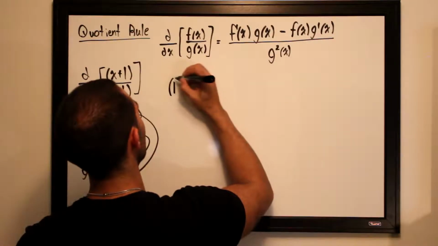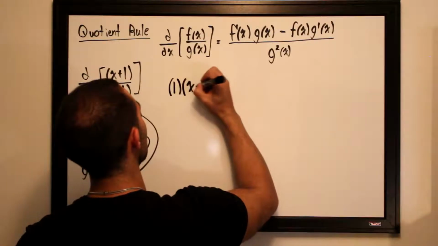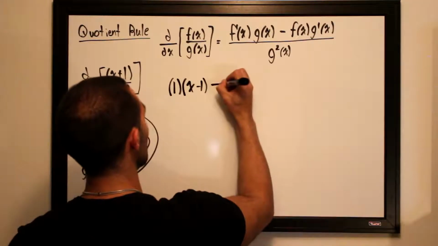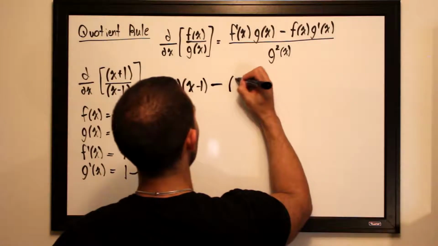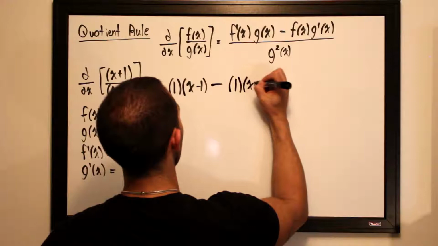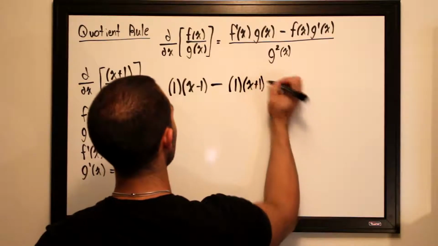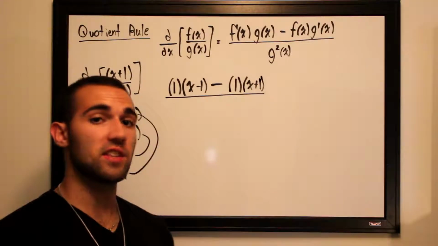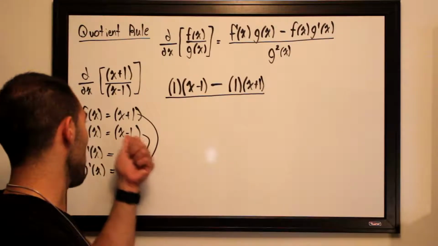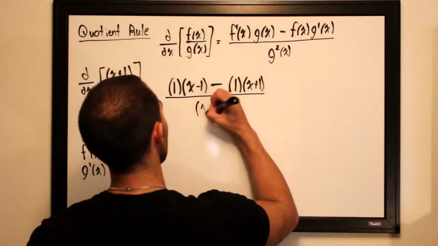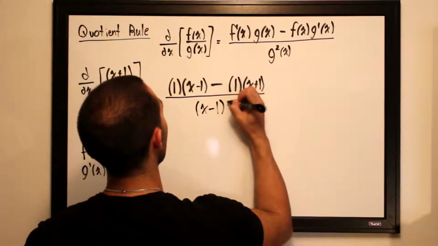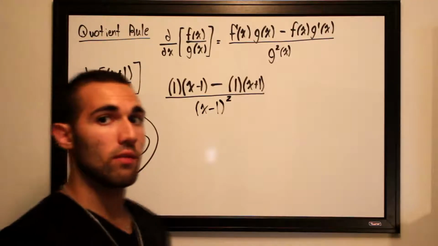So this will be 1 multiplied by x minus 1. Then we will subtract off f times g prime, which will be 1 times x plus 1, and then we will divide the entire thing by g squared. In this case, our g is x minus 1. So we will take x minus 1, shove it in the denominator right over here, and square it. That is the derivative of our function.